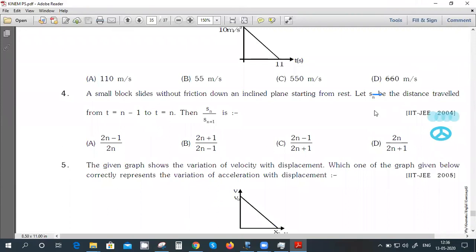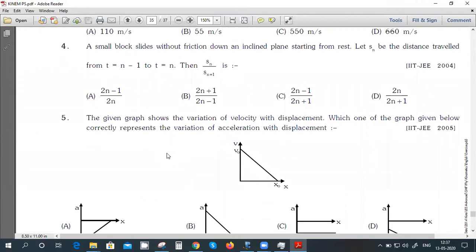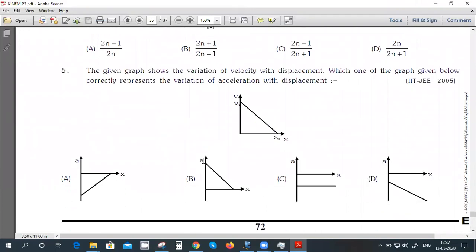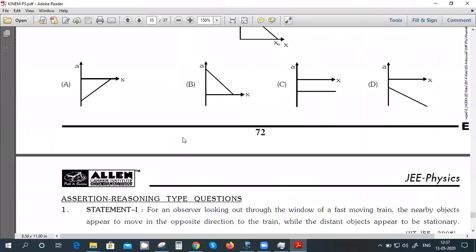This also is a standard result. This is a similar thing. V as a function of x. Okay, let's try to get this one correct so that I'll get the confidence things are going.